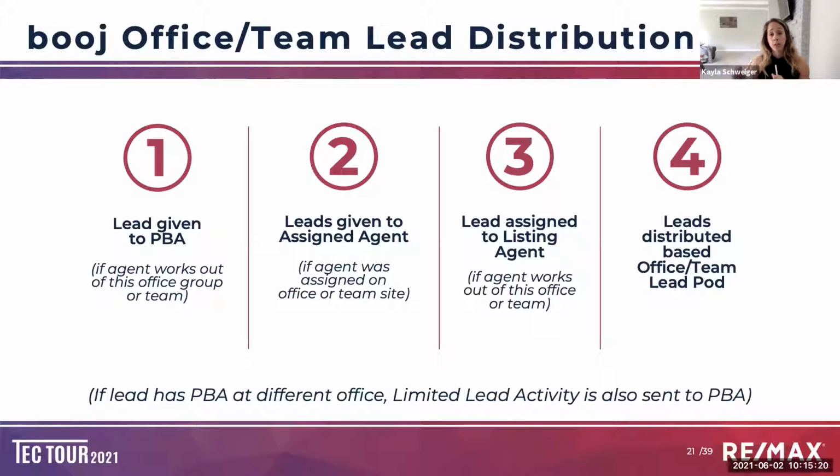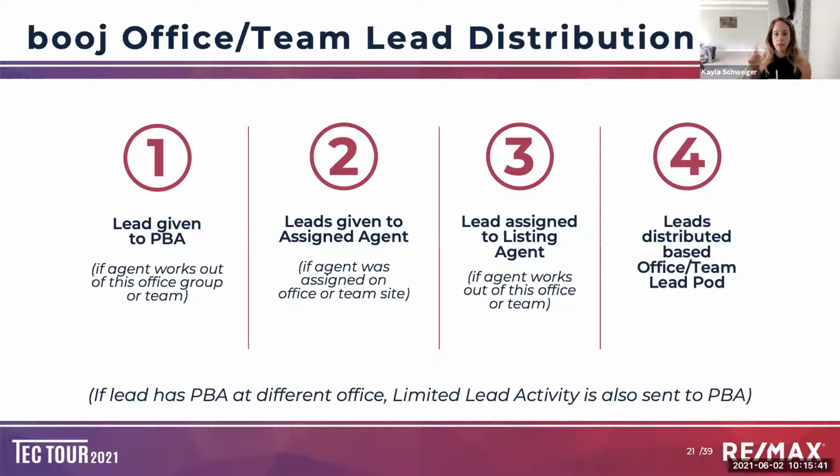The first one being, does this lead have a PBA within that office hierarchy? If the lead has a PBA selected in their account within that office hierarchy, then that's where the lead is going to get routed to. If the lead has a PBA in a different office hierarchy, that's a different situation.